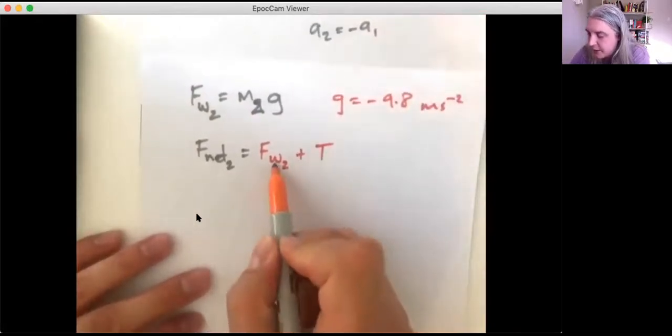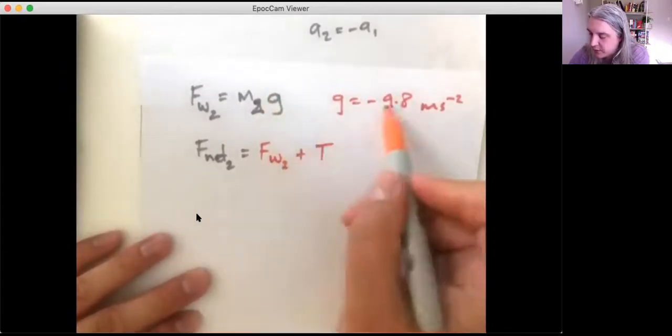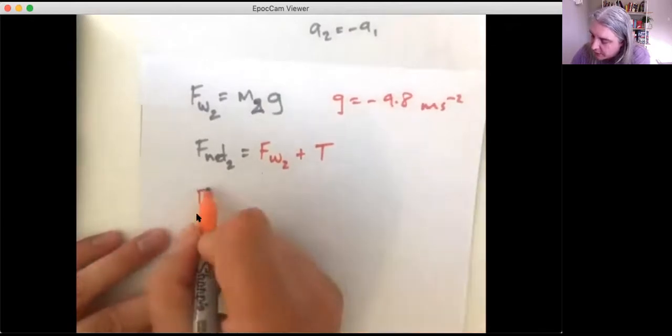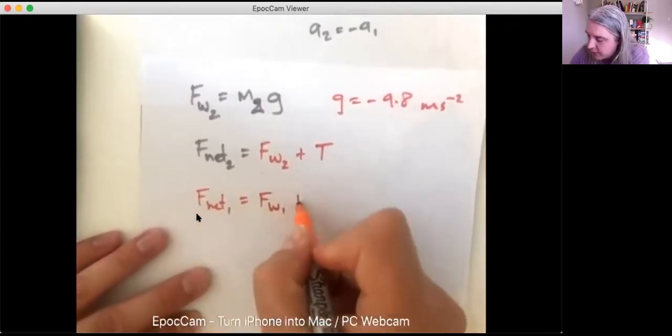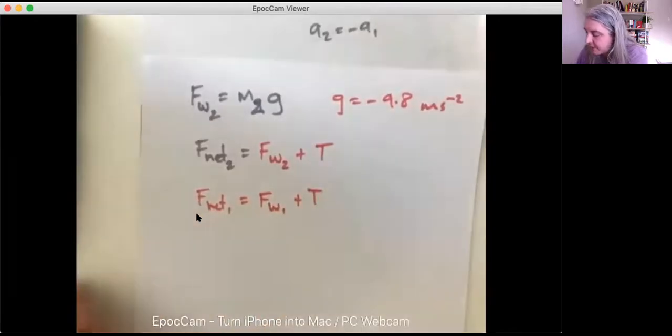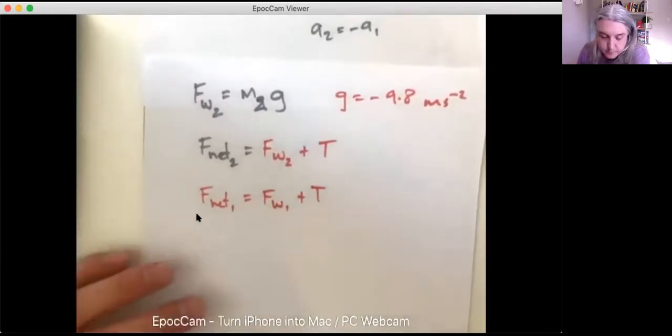This one will end up being negative because g is negative, so that negative is already in there, hidden inside the g. F net on the first object is the exact same formula, but now with F weight 1. The tension is the same because the tension in the rope everywhere has to be the same. It just changes direction, and on both sides, it's pulling the object up. So that's our formula for the net force for both of them.